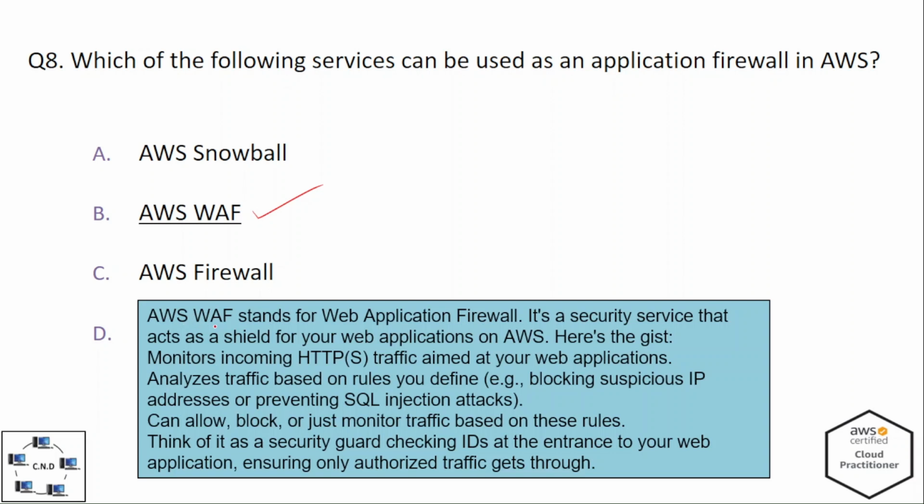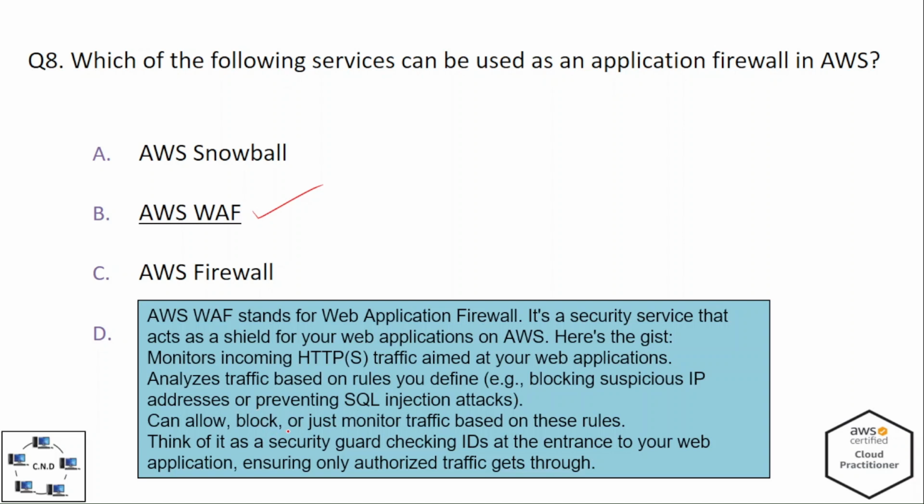So AWS WAF stands for Web Application Firewall. It's a security service that acts as a shield for your web applications on AWS. Here's the gist of this WAF. It monitors incoming HTTPS traffic aimed at your web application, analyzes traffic based on rules you define, for example, blocking suspicious IP addresses or preventing SQL injection attacks.